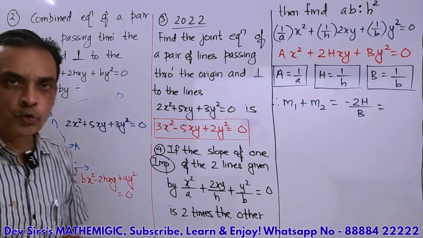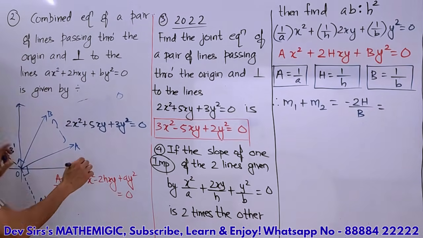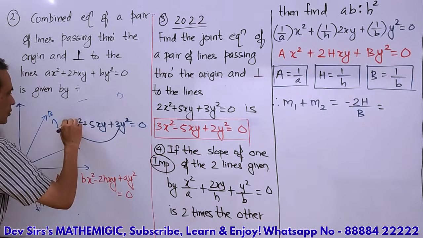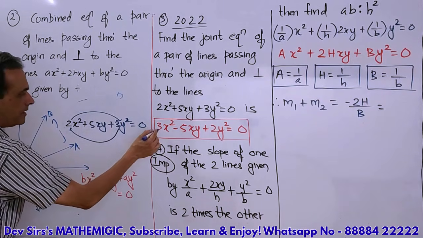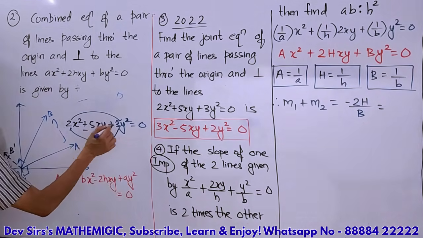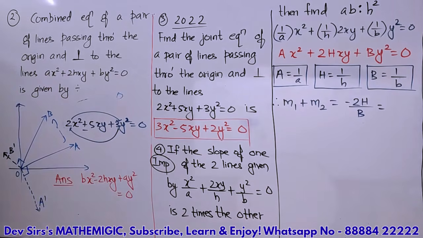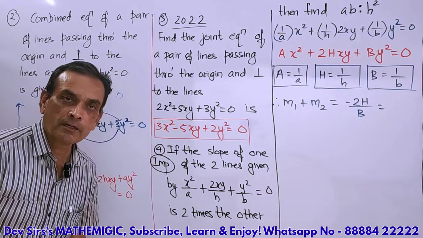So what do we have to do? Interchange 3 यहाँ पे, 2 वहाँ पे, plus becomes minus. Same thing. B यहाँ पे, A वहाँ पे, plus becomes minus. Simple. That was the option given.